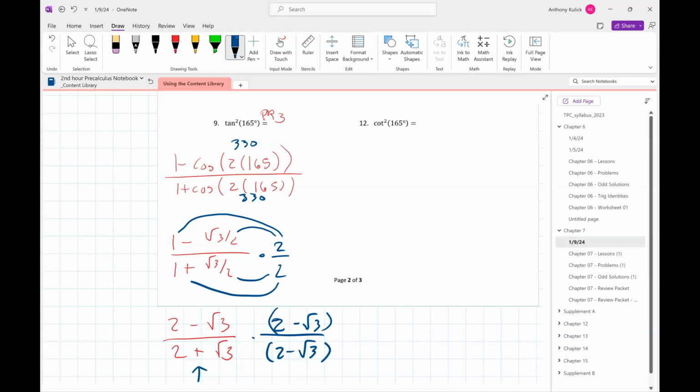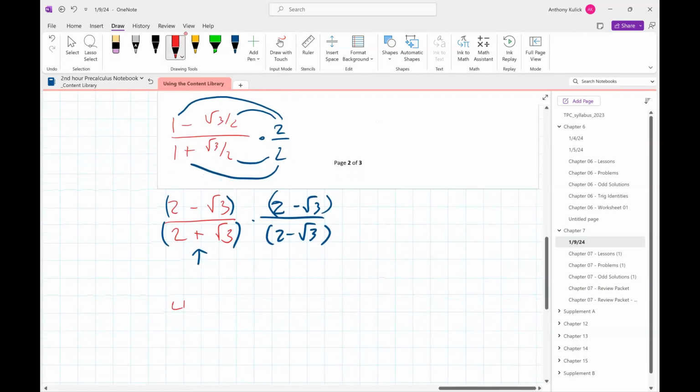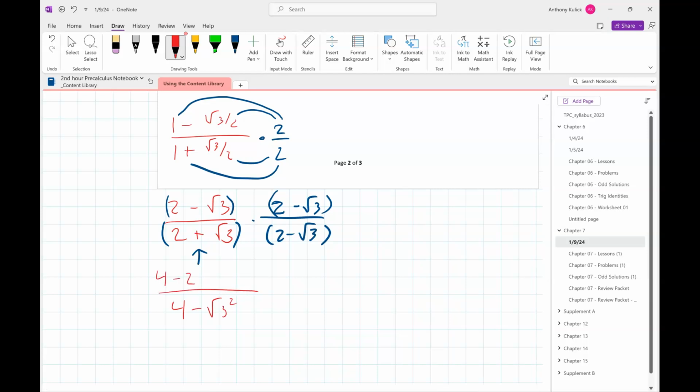We'll do that to the top and bottom to get rid of the radical in the denominator. So all feeling good, Joey? Okay. So the bottom becomes 4 minus root 3 squared. The top becomes 4 minus 2 root 3 minus 2 root 3 plus root 3 squared.